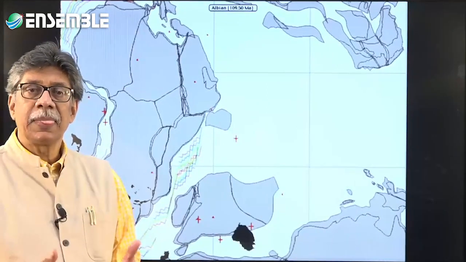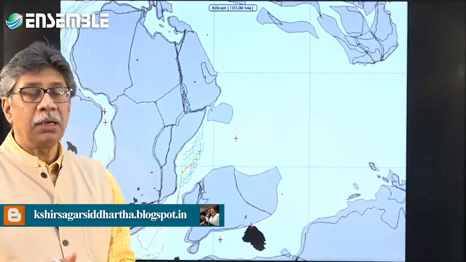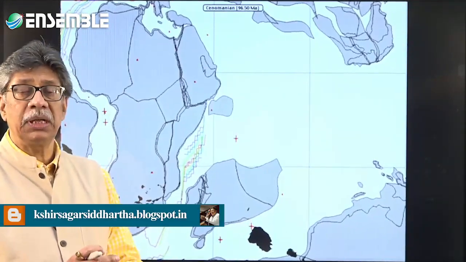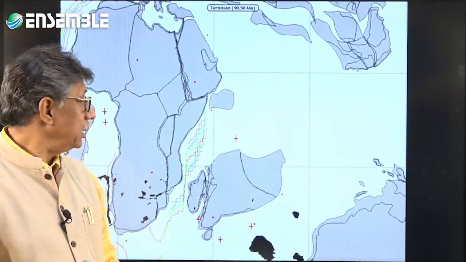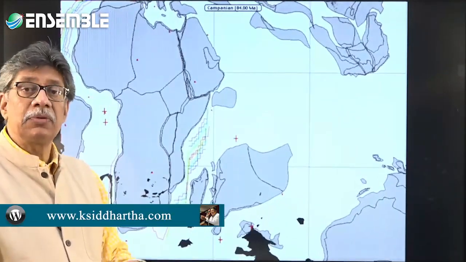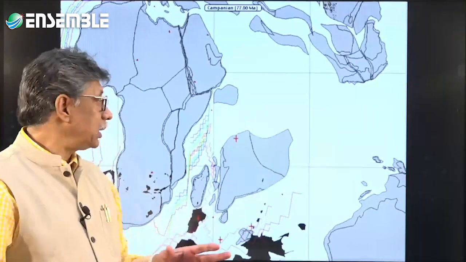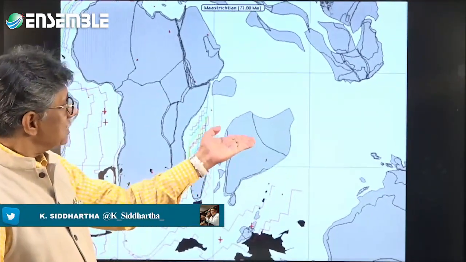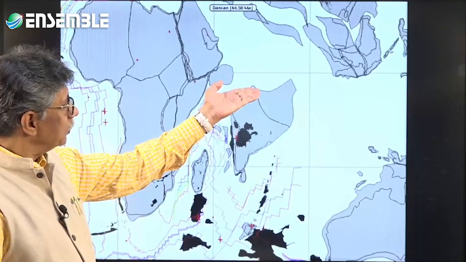India incidentally also accomplished one of the fastest movements ever to have taken place by any of the broken plates. There's no plate that showed such a fast movement. See how fast India is moving towards north.